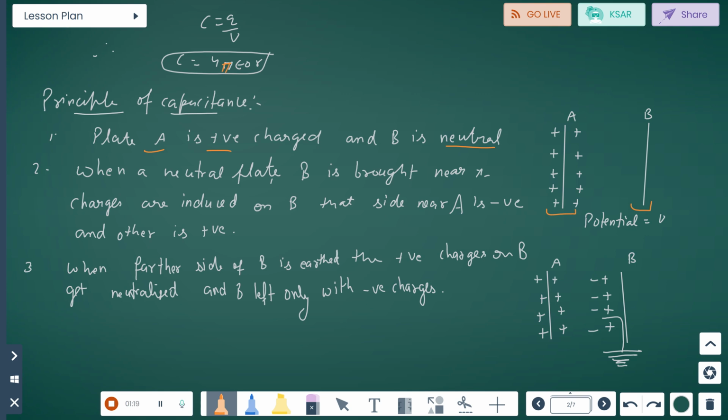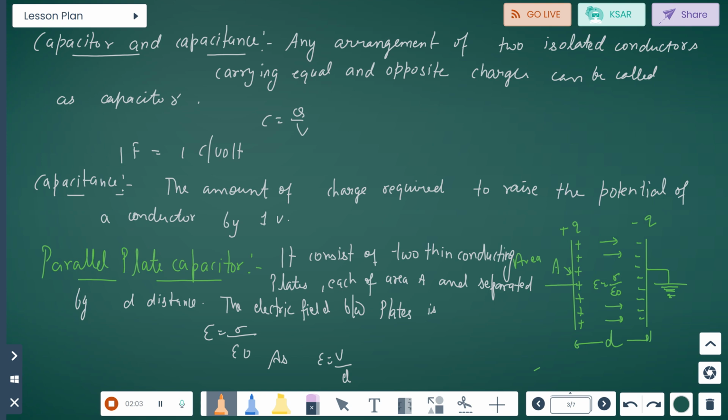When a neutral plate B is brought near A, charges are induced on B. The side of B near A becomes negative and the other side is positive. The farther side of B is earthed. The positive charges on B are then earthed, they get neutralized, and B is left with only negative charges.